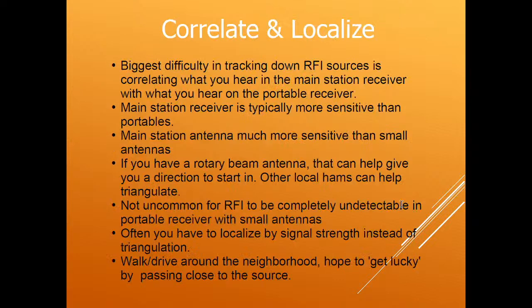So by far the biggest problem that I've run into in tracking down RFI sources outside of the house is to correlate and localize. Basically the main receiver that you use at your ham station, the HF transceiver, is extremely sensitive, and you usually have it connected to the station antenna, which is usually optimized to work pretty good.